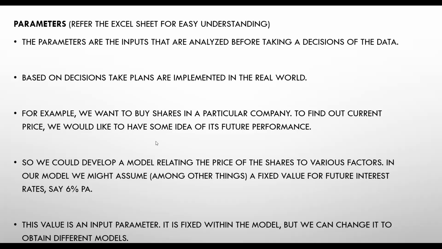So considering these parameters, we have determined an equation using the CAPM model, and you substitute the values of these parameters into these variables and derive the answer. So this is how you carry out a modeling technique. This is a very simple technique.